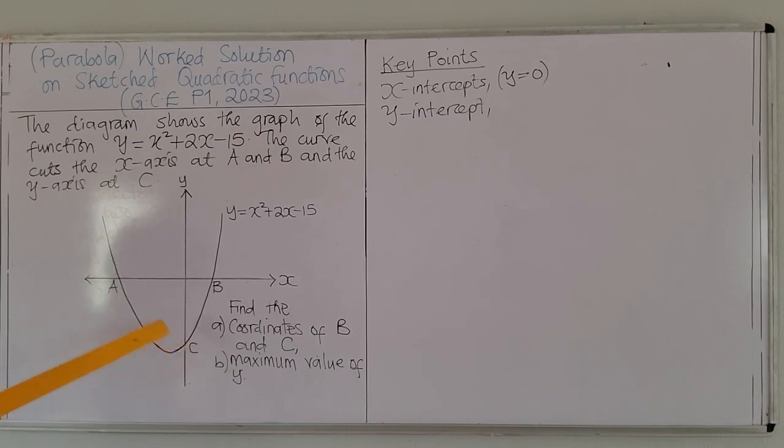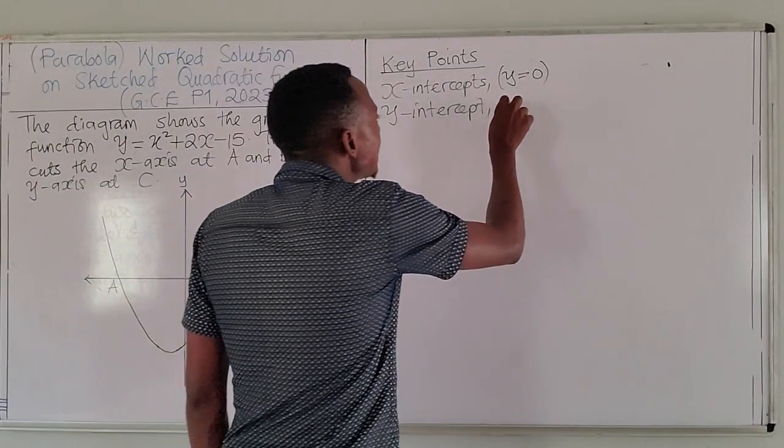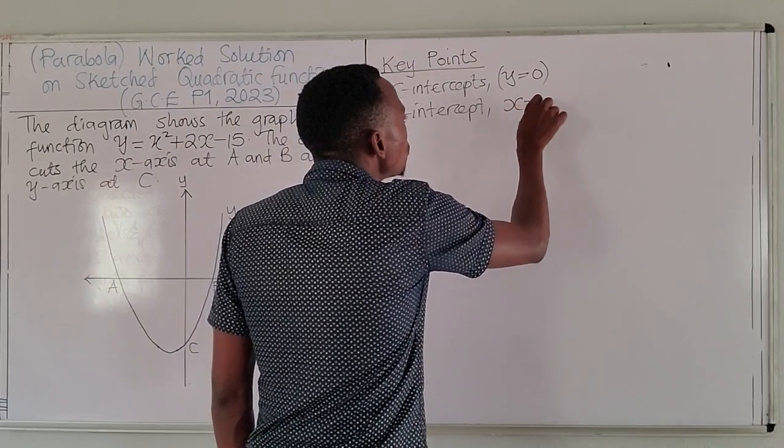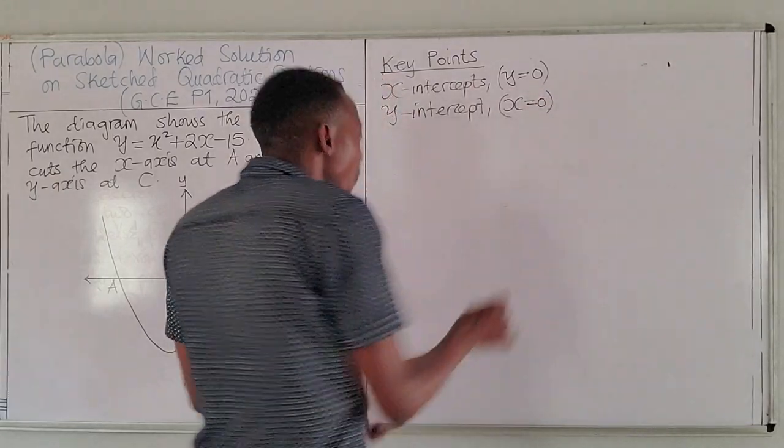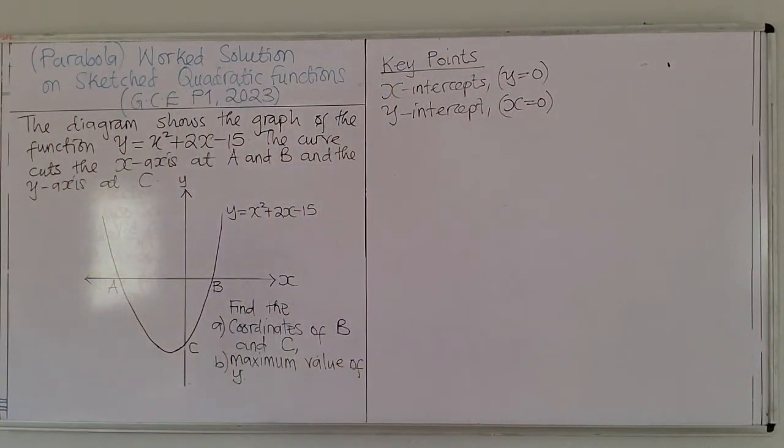So this is the y-intercept. And how do we find the y-intercept? We find the y-intercept by setting x equal to 0. And why do we set x equal to 0? Because at any given point along the y-axis, x is 0.